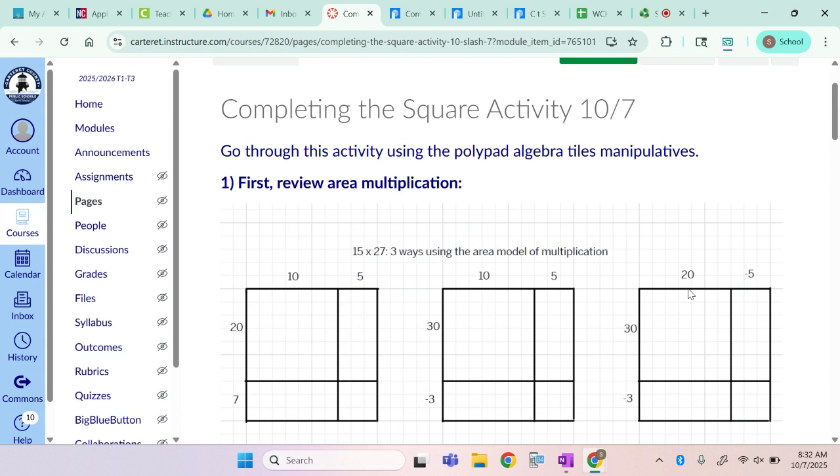So this should pop up. It should look similar to what's on your worksheet. I literally just screen copied it. So modules, scroll down to unit 3. It's at the very bottom, and the last page on the module says completing the square activity and today's date. That's what you need to click on.